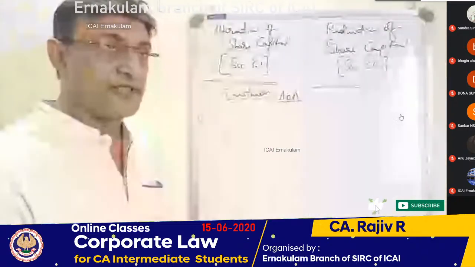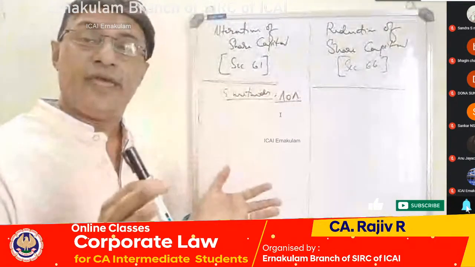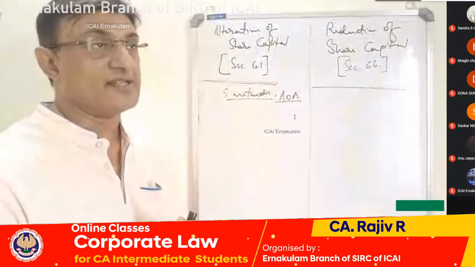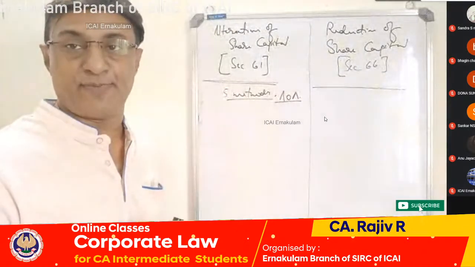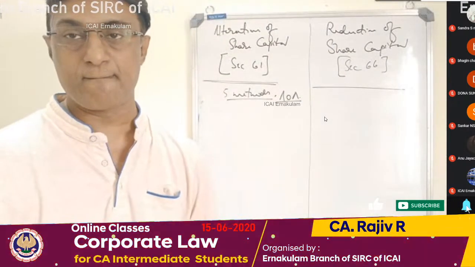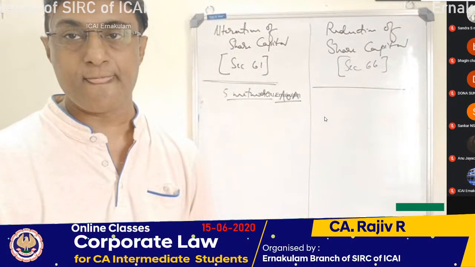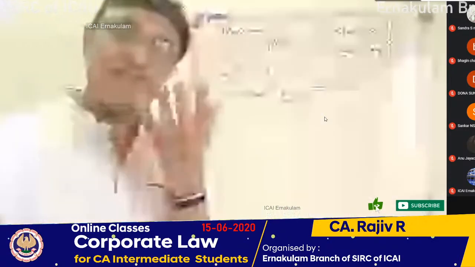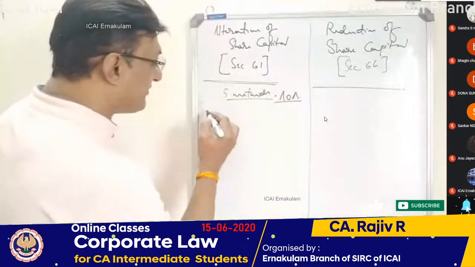In other words, section 61 goes by the wordings: a company may, if so authorized by its articles, alter its share capital in any of the following ways. There are 5 methods of altering share capital.